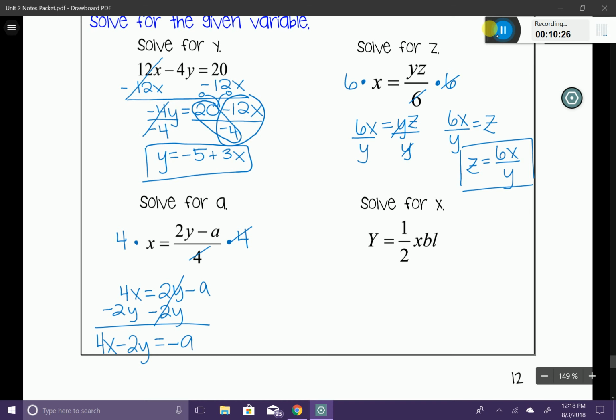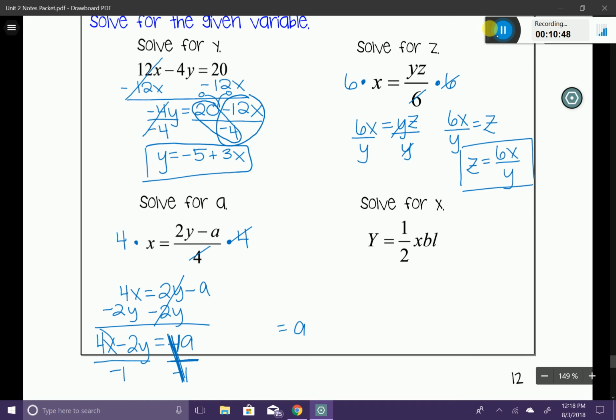Right now, it's a negative 1, Harold, being multiplied by a. So I'm going to divide both sides by negative 1. And look what that did. My negative 1's are going to eliminate over here, leaving me with a on my right-hand side. But do you see what's happening on the left?